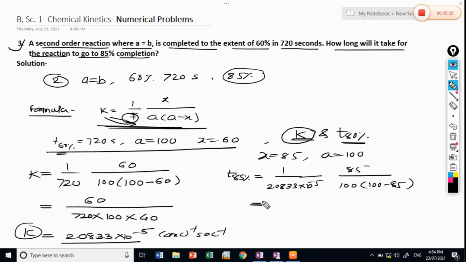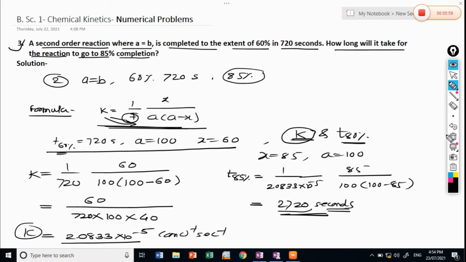If you calculate this, you will get 2720 seconds. So to complete the 85% reaction, the reaction will take 2720 seconds. So this is the solution of the above given problem.